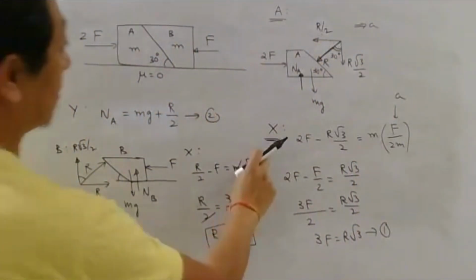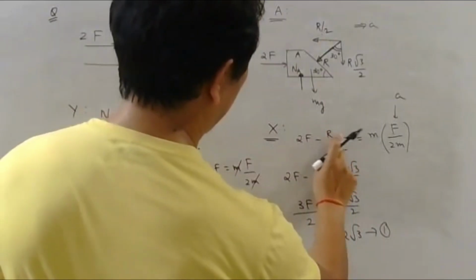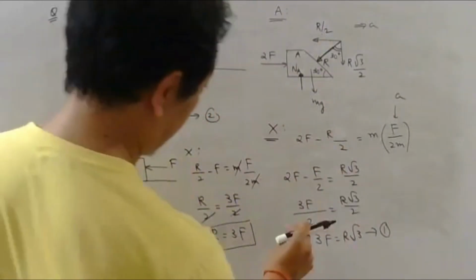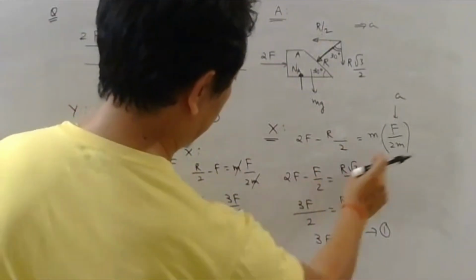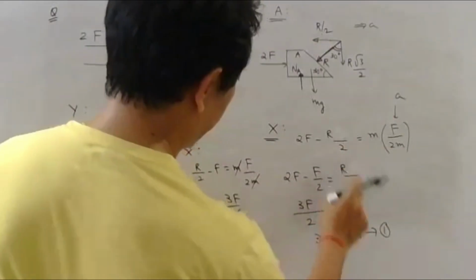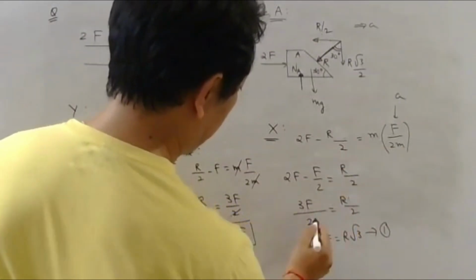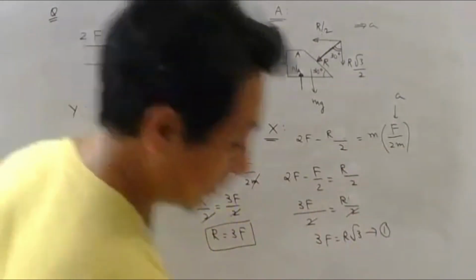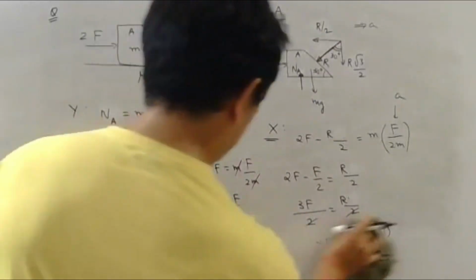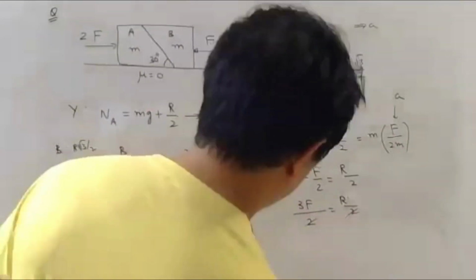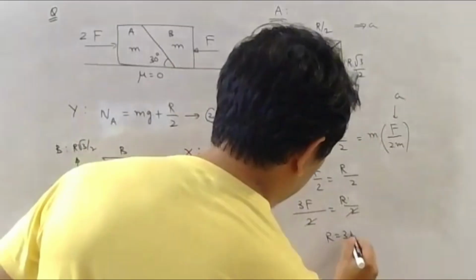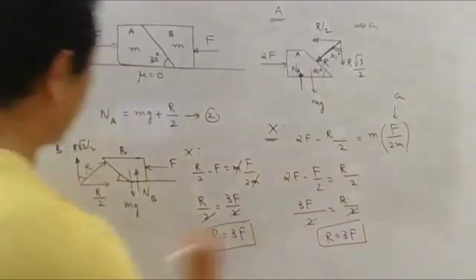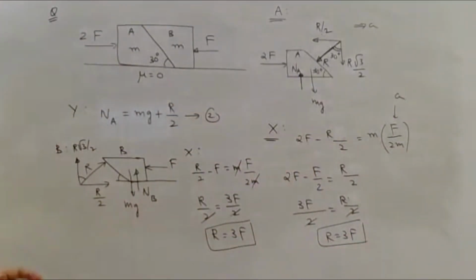Then along the x-axis, it is 2F minus R by 2. 2F minus, this will come to this side, R by 2. 2 cancels. R is equal to 3F. So at least we found R, and it is the same in both the cases, right? Okay.